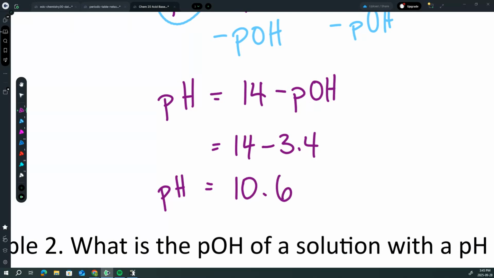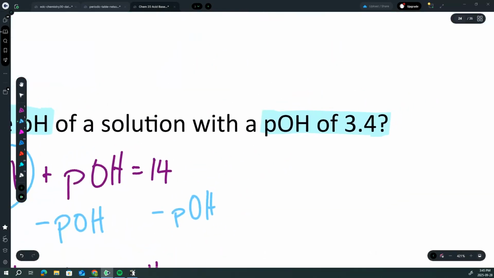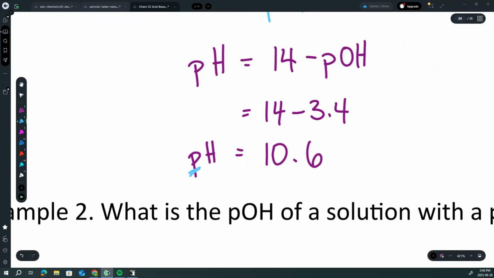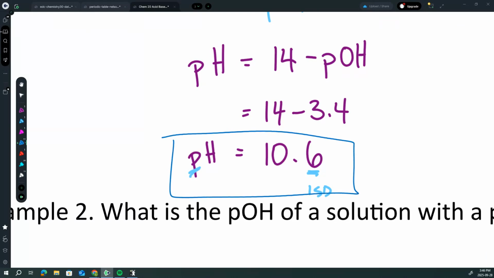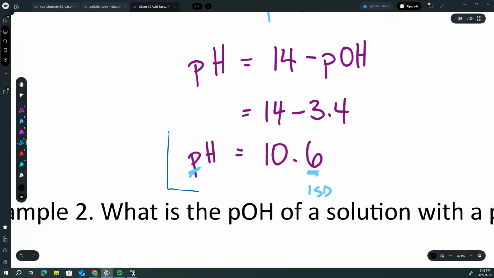And this value that I have for pH is already in the correct amount of sigdigs because we only have one sigdig for pOH, because remember, you only look after the point for pOH because it has a P in it. So then pH also has a P in it, so you only look after the point. So this is also one sigdig. So we're good to go on this front. And once again, no units are needed.